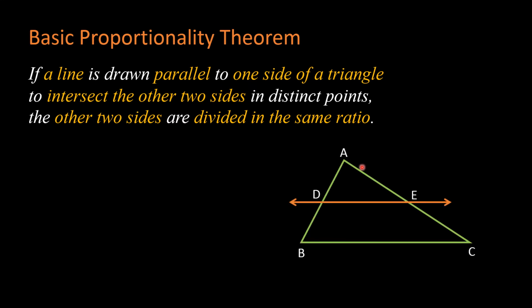Now in this triangle ABC, if a line is drawn parallel to one side of a triangle, so let us draw a line DE parallel to one side BC of this triangle ABC.